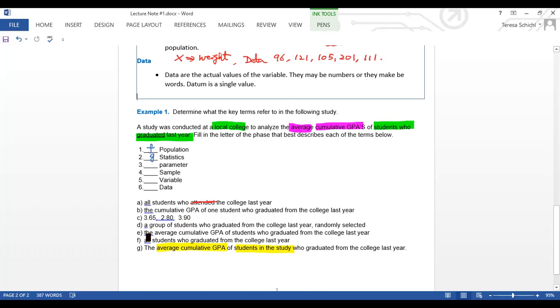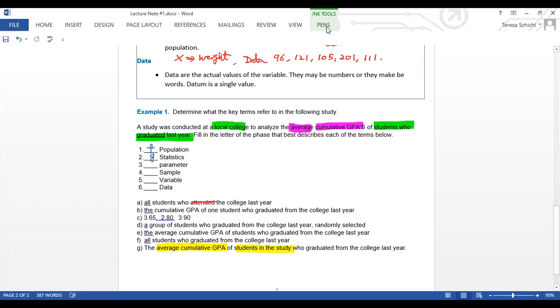This is a group of students who graduated from the college last year, randomly selected. That's the statistic, what you get from your sample, right?